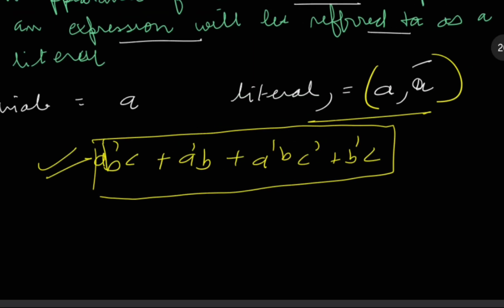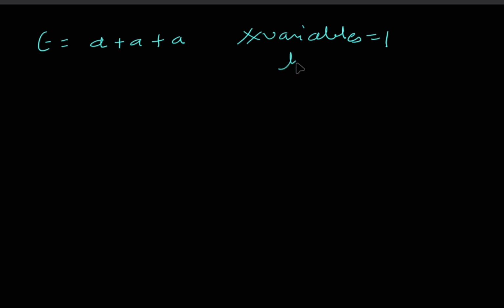So now, in this expression, how many variables and how many literals? Variable you only have 1, but how many literals you have? You have 3 literals. Is this clear? Yes. Number of appearances we are talking about.